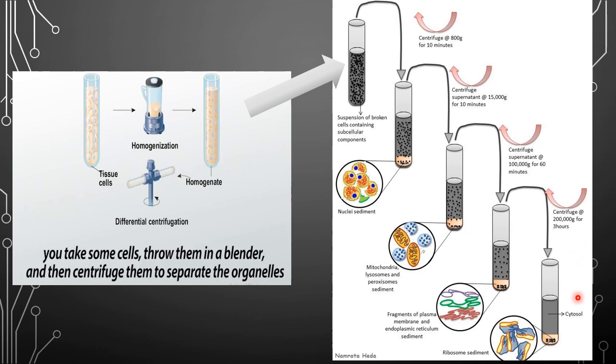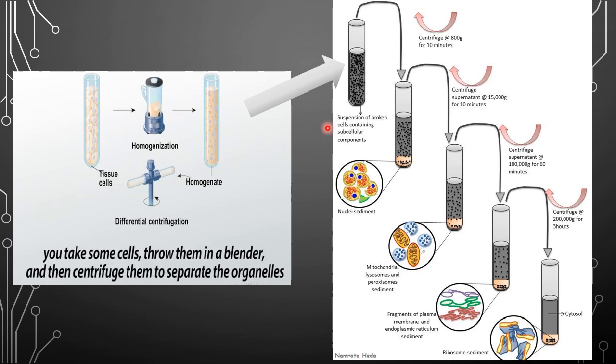After those 3 hours, we have our ribosomes sedimenting in our pellet, and our supernatant remains containing the cytosol. So this simplifies the whole technique of differential centrifugation for separation of the different organelles of the cell.